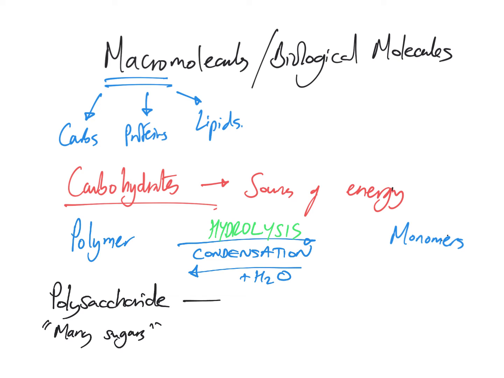A polysaccharide gets hydrolyzed to a disaccharide, which is 2 sugars, and a disaccharide gets hydrolyzed to a monosaccharide. You should be able to name at least 4 polysaccharides, at least 3 disaccharides, and at least 3 monosaccharides.